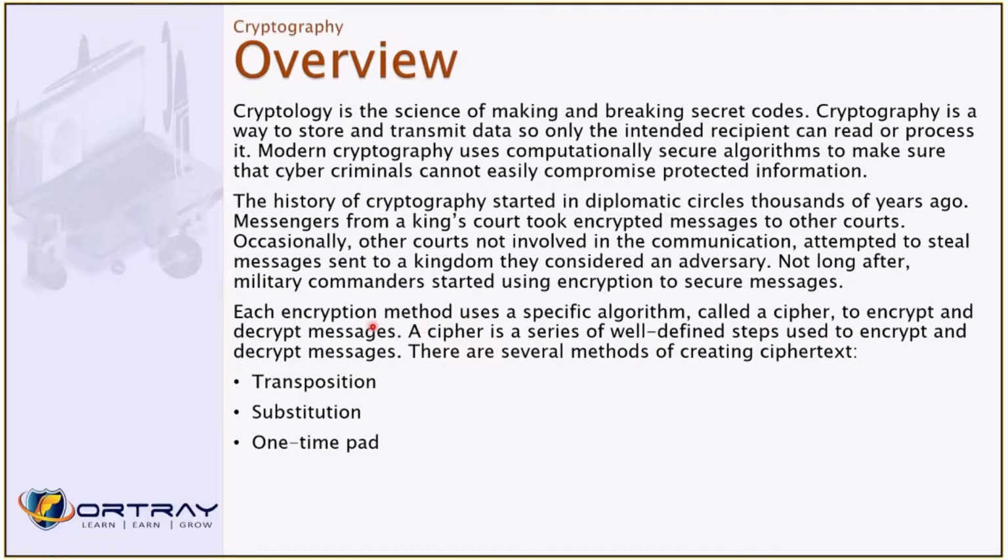Whenever you want to encrypt anything, you need to use a particular algorithm or cipher. If the person who encrypted the message uses a particular protocol, the other party needs to understand and use the same protocol in order to decrypt the message.